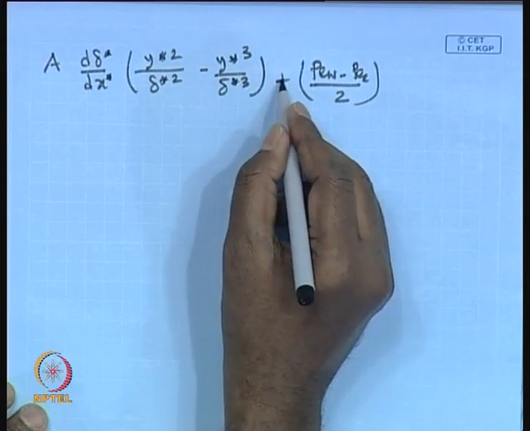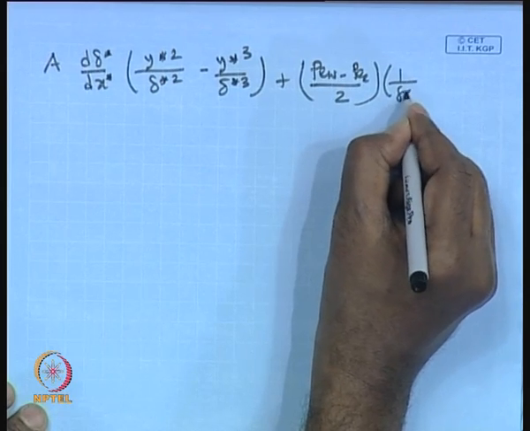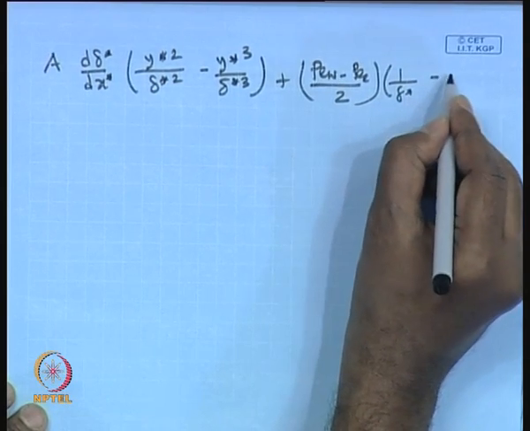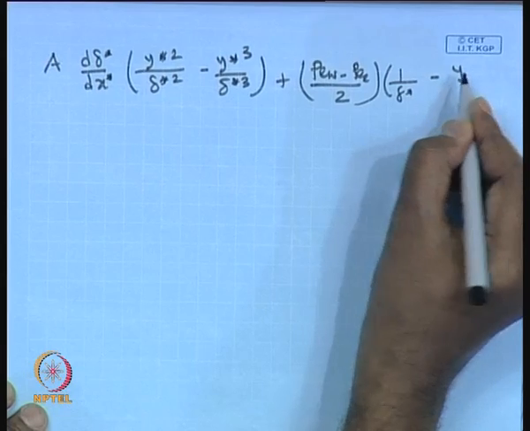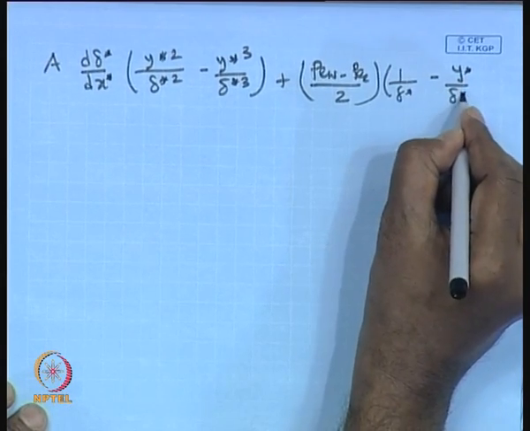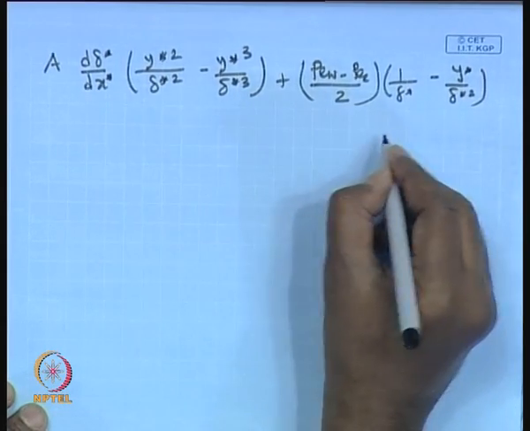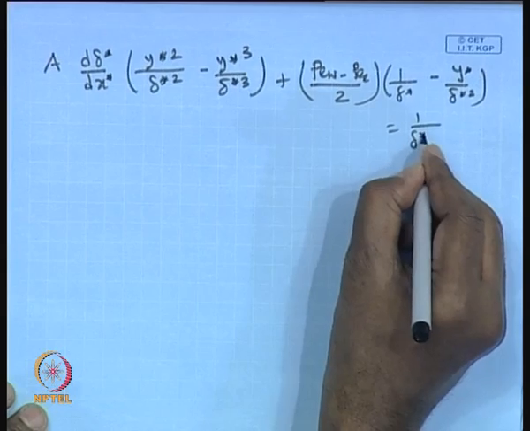This minus sign will be consumed here inside, 1 by delta star minus y star by delta star square, okay, is equal to 1 over delta star square.